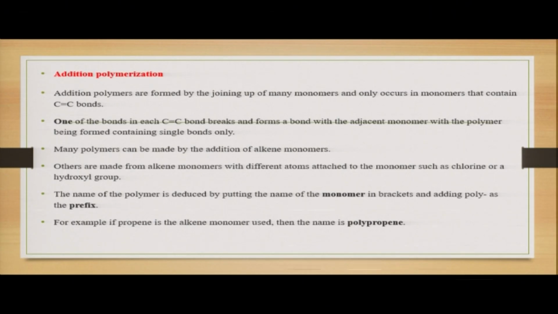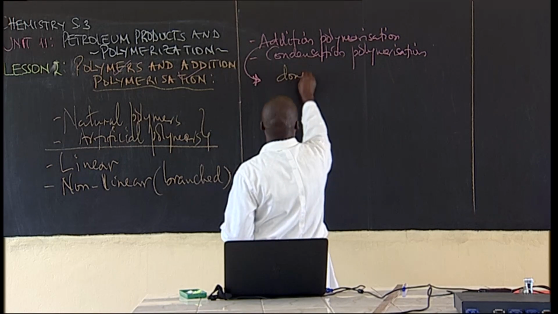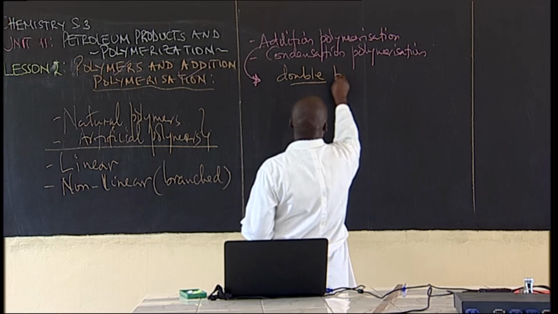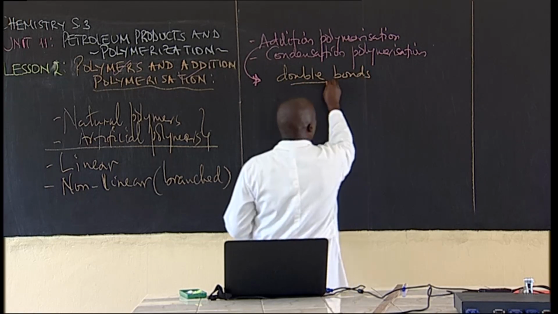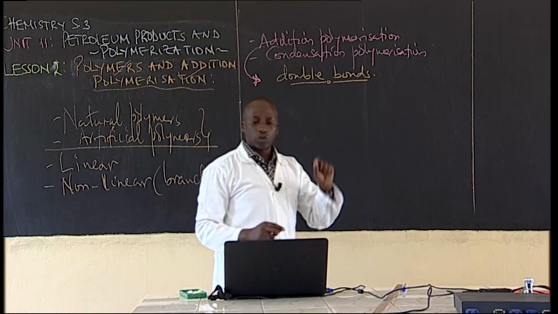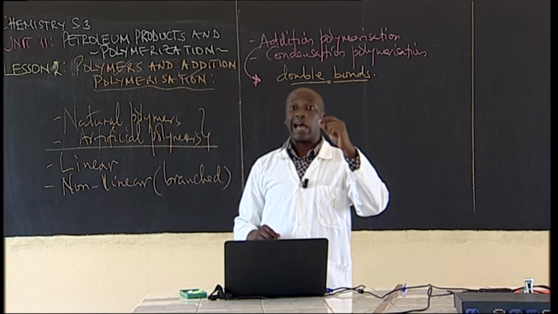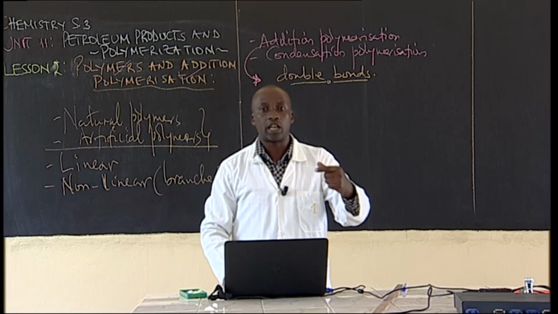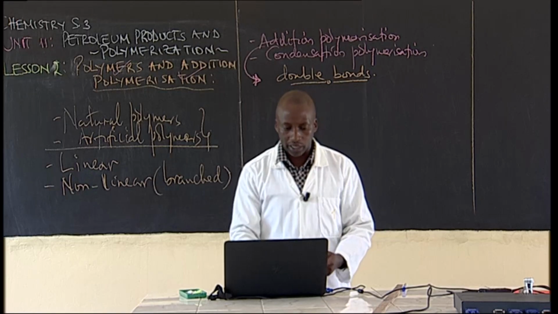For addition polymerization to occur, one condition is that it only occurs in compounds containing double bonds. Compounds containing double bonds are the only ones that will undergo addition polymerization.